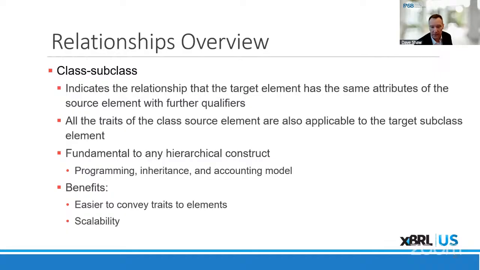I'll get into a couple of examples to help illustrate that. The real benefit of providing this relationship is that it makes it easier to convey traits to elements. It's largely a scalability means of providing these traits to elements.